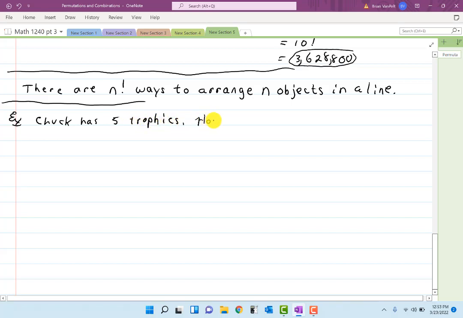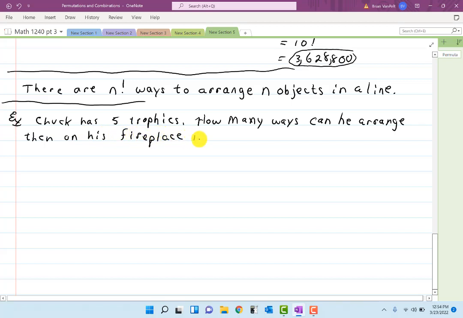How many ways can he arrange them on his fireplace mantle? And as you might have guessed, hopefully, it's simply 5 factorial, which equals 120 ways.